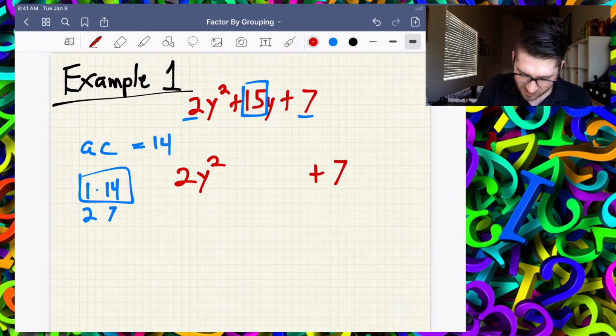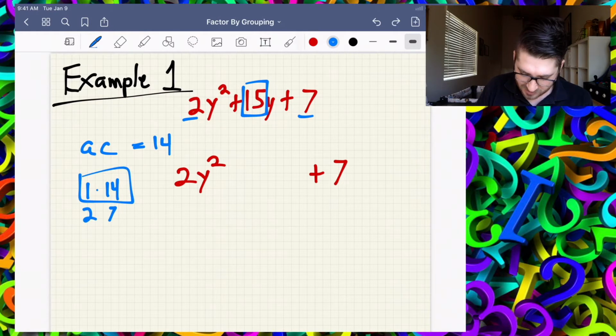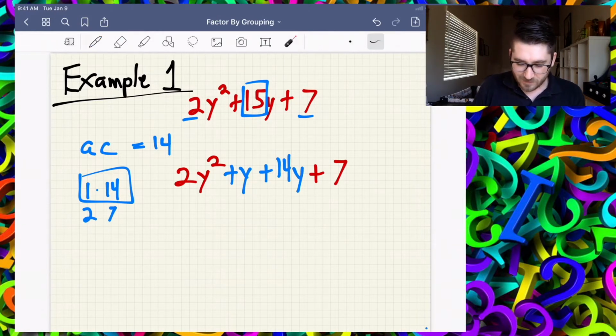But instead, we're going to take this 15y and we're going to split it up into two different terms. We're going to split it into plus 1y and plus 14y. Notice that if we were to combine like terms, we'd end up back here at our original problem.